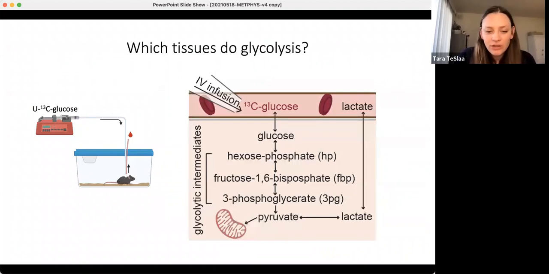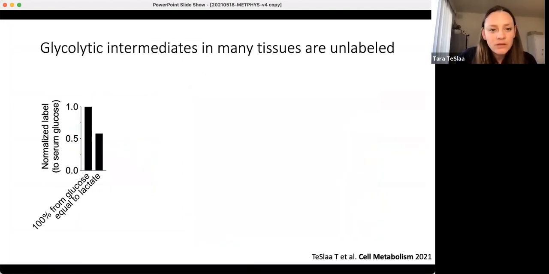So which tissues do glycolysis? Which tissues have a lot of labeling in their glycolytic intermediates from glucose? So here's an example. If 100% of glycolytic intermediates come from glucose, which is what we often see in cell culture, you would expect to see 100%, or 1, in your normalized labeling. And the amount of labeling we see in circulating lactate is about 55%.